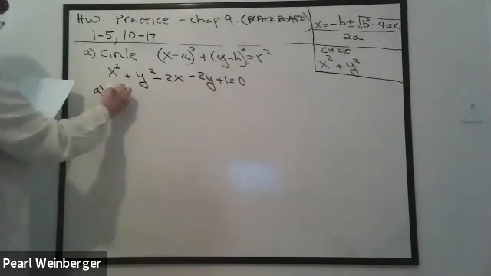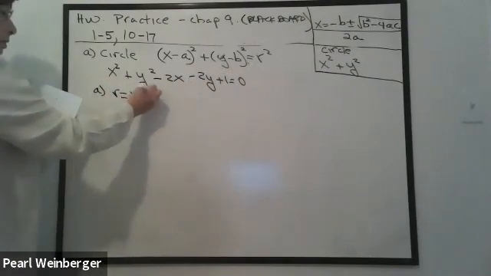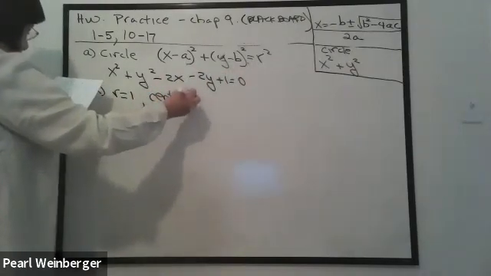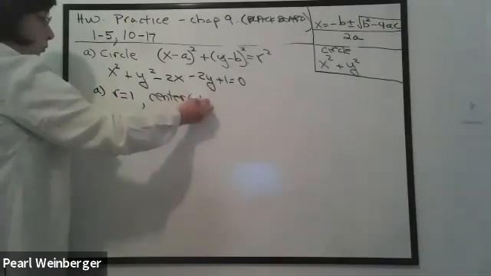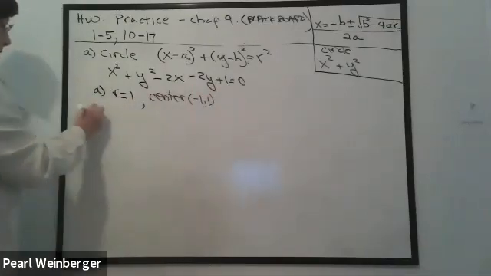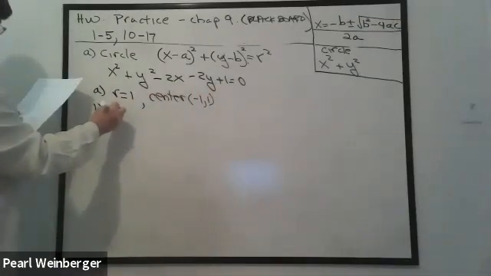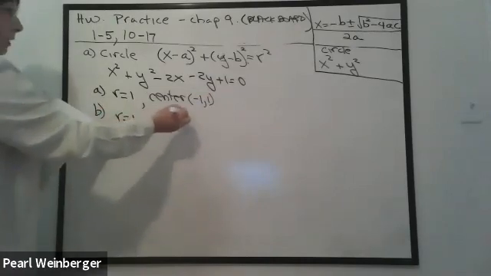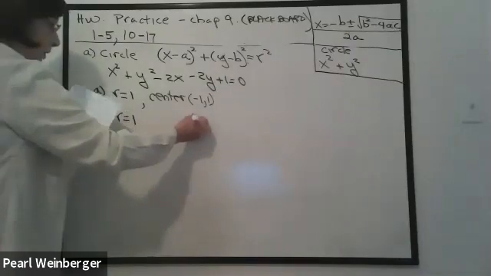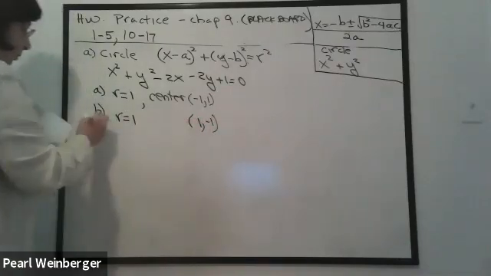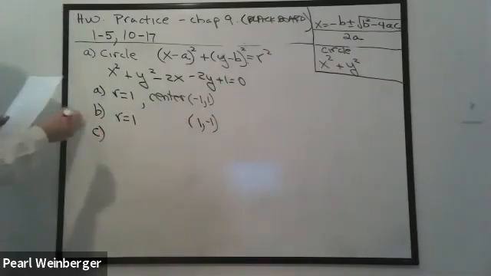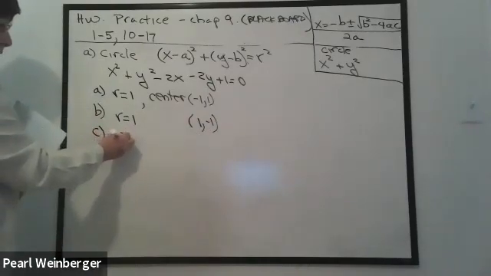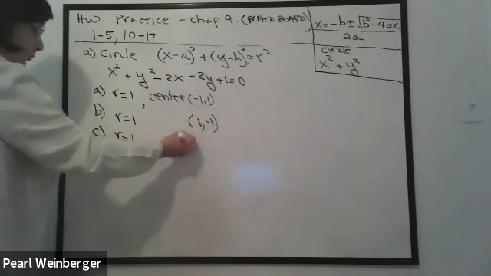The radius equals 1, the center is -1, 1, or the radius equals 1, and the center is 1, -1. The radius is 1, and the center is 1, 1.